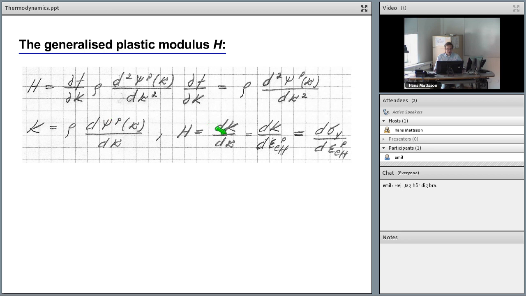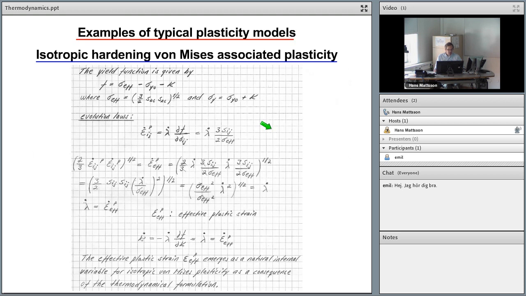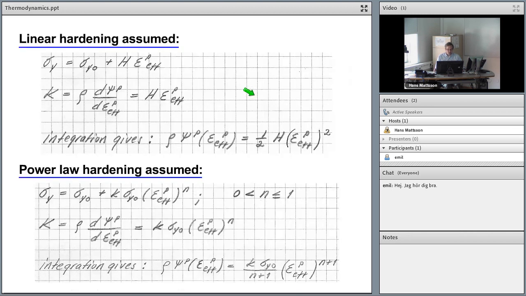We have like this, because the internal variable is equal to the effective plastic strain, and the K is equal to the sigma y that we see here, because the sigma y 0 is the initial stress and it's fixed, so a change in sigma y is equal to a change in the hardening parameter.